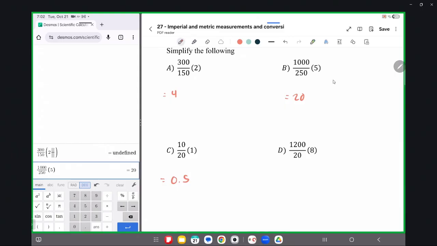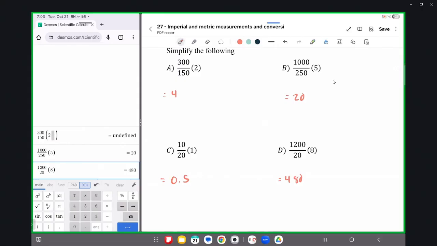And for the last one here, I have 1,200 divided by 20 and then multiplied by 8. So if I take 1,200 divided by 20 multiplied by 8, you end up getting 480. And for these kind of calculations, when you're at the step where you just have to simplify it down, you don't need to show multiple steps, just one calculator solution is fine for this.